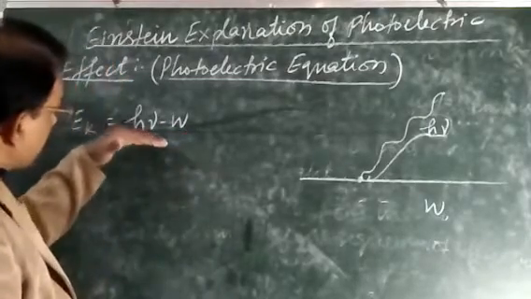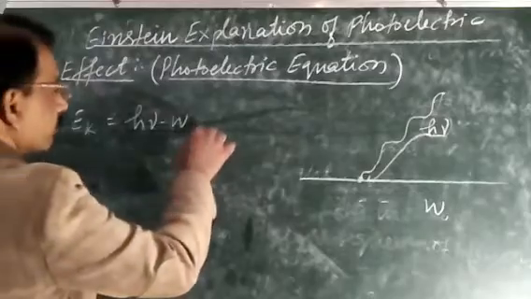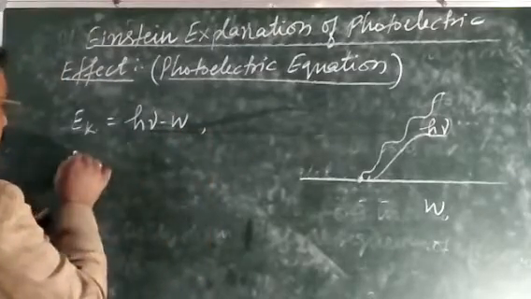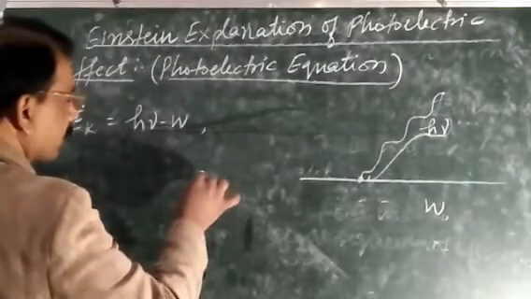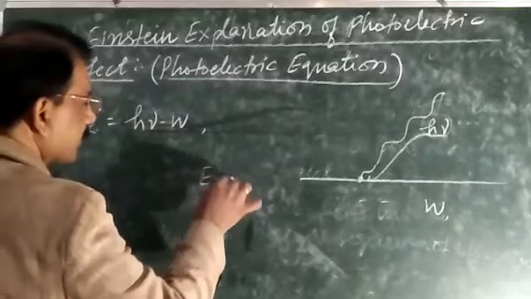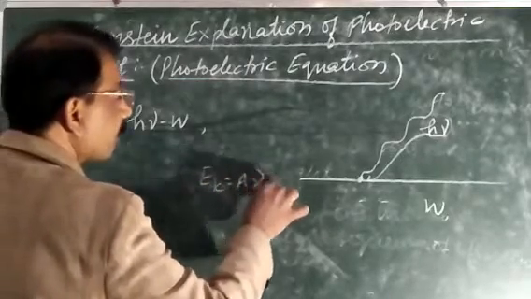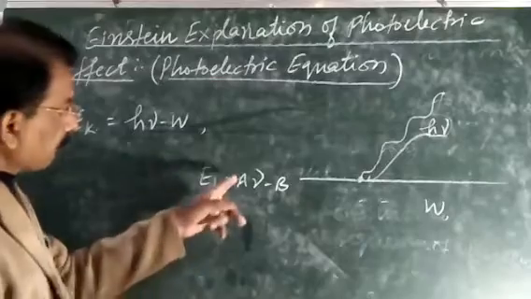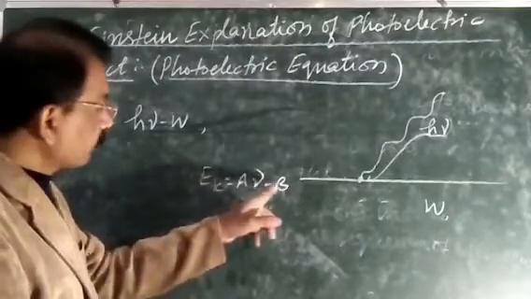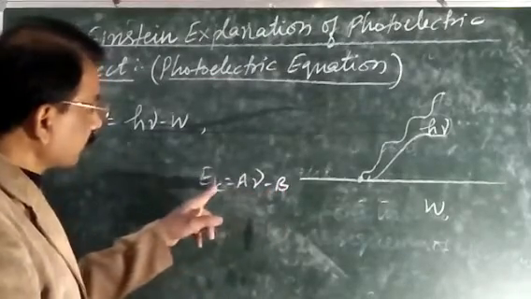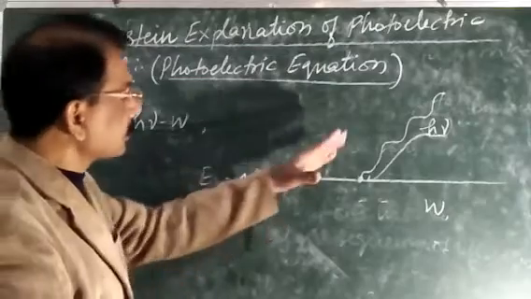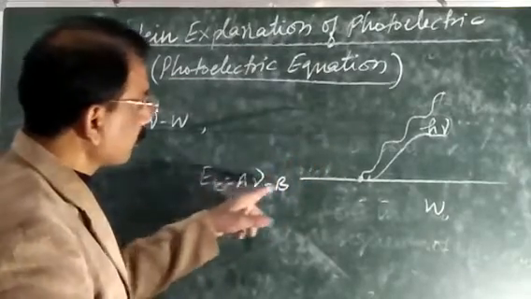And when you will compare this one with this formula which is experimentally observed, Ek is equal to a nu minus b. याद करिए हमने बताया था, experimentally this formula was observed, or this relation or this straight line formula comes here, Ek is equal to a nu minus b.